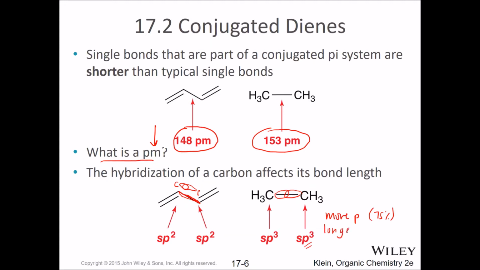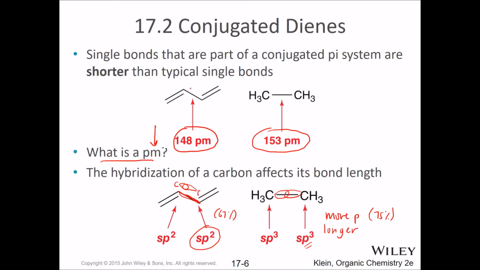More p means longer. This has less p. What percentage p is this? Can you see it? 67%. It's two thirds, because there's one s and two p's. So that makes it 67% p character, and that makes it shorter.